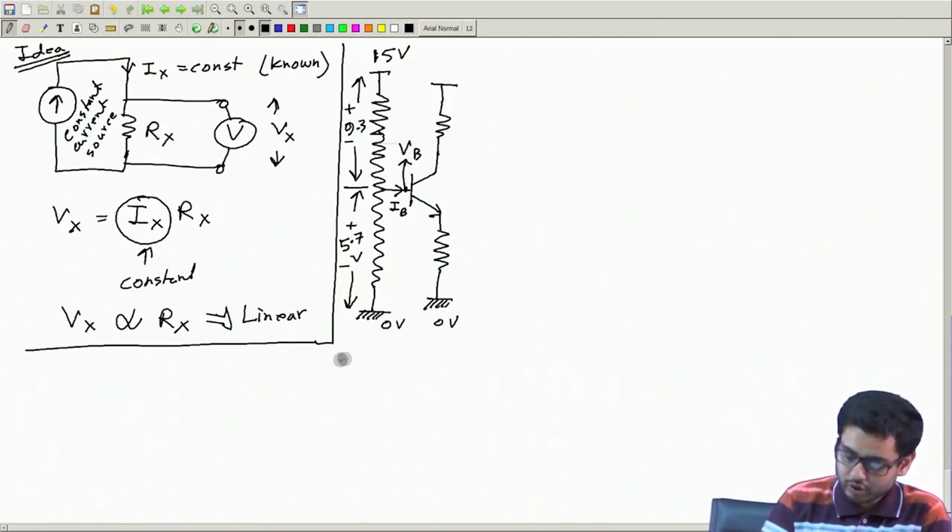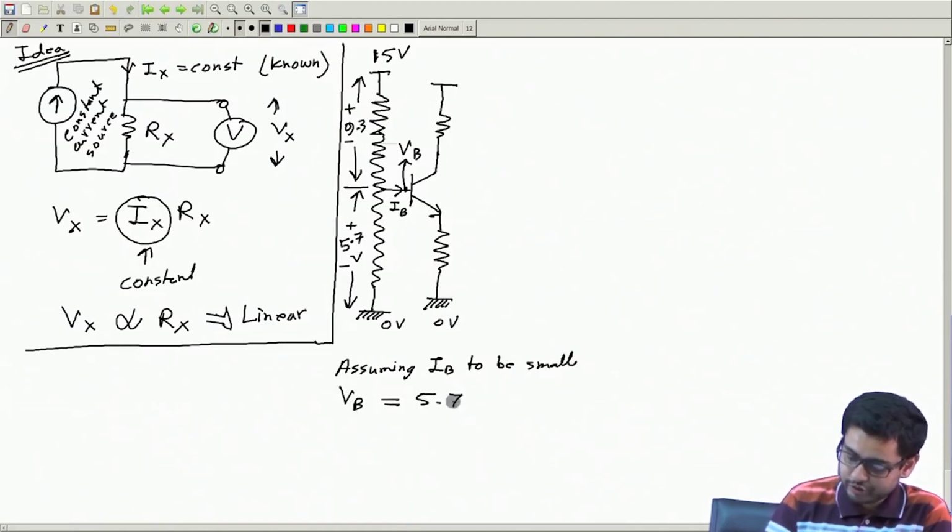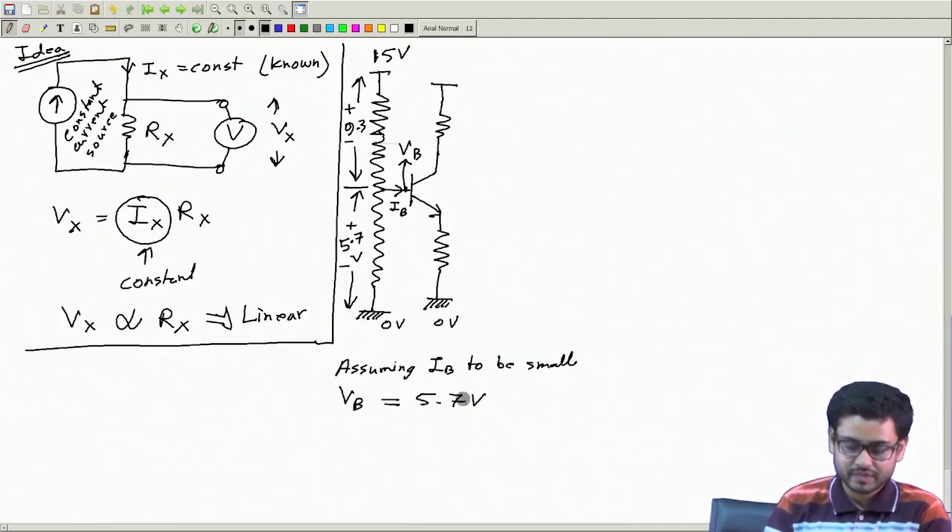Okay, so assuming IB to be small, which is practical, I can write that VB is equal to 5.7 volt constant, because a small amount of current will be drawn through this.